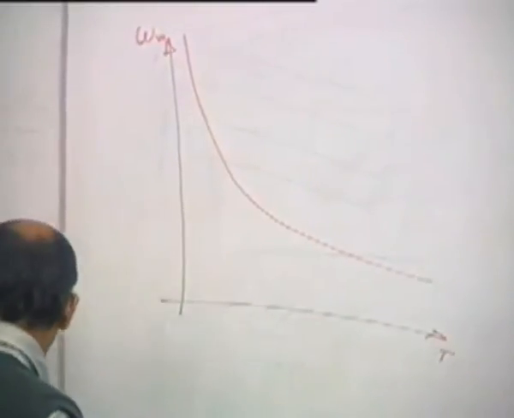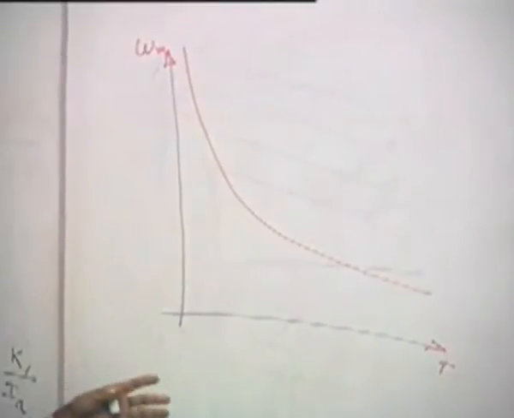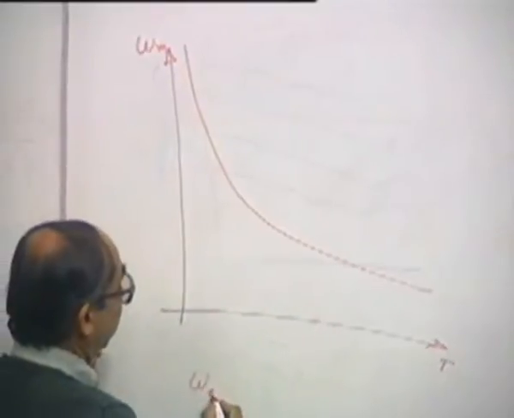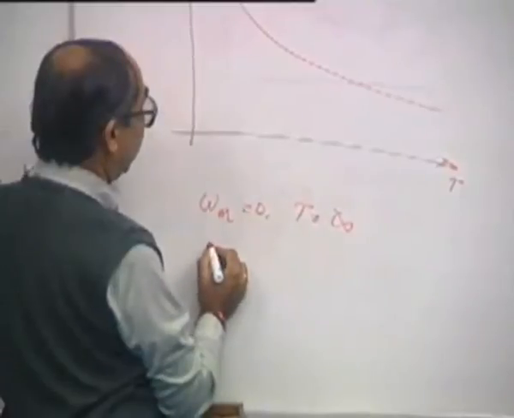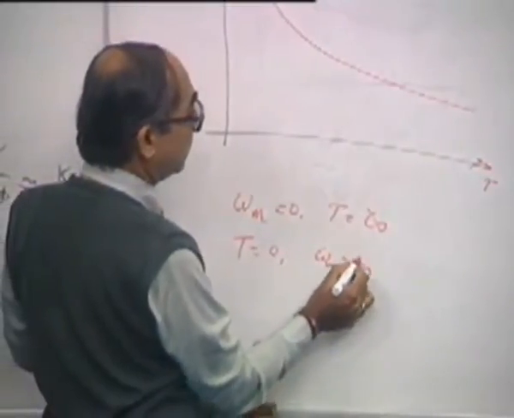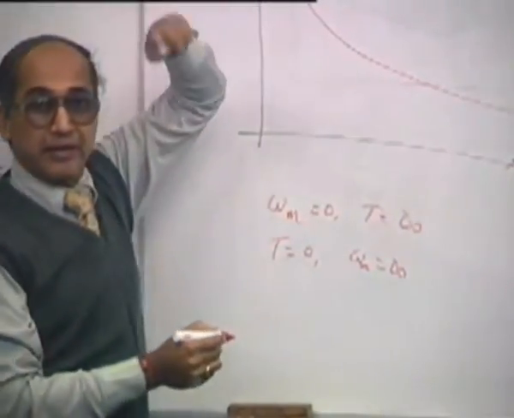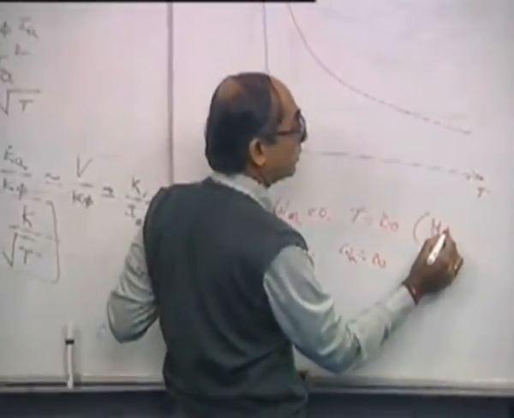Speed versus torque. Now this will of course vary with the voltage. That means we observe that omega m is 0 when T is infinity, and T is 0 when omega m is infinity. That means at starting it will have a very high starting torque.